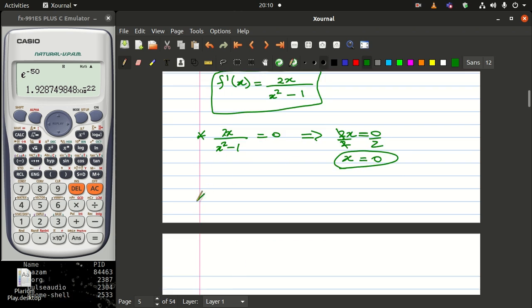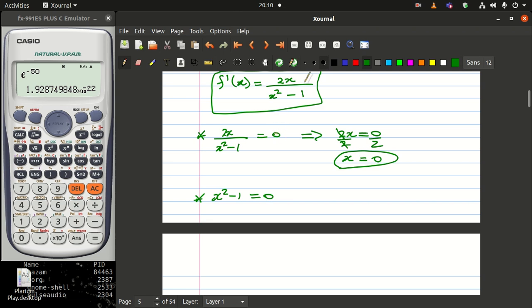The next step is to find what values of x will make the first derivative undefined. So we want to find out when this whole thing is going to be undefined. It's going to be undefined when the denominator is equal to 0. So we end up having x squared minus 1 is equal to 0. The previous one was saying we wanted the numerator to be equal to 0.